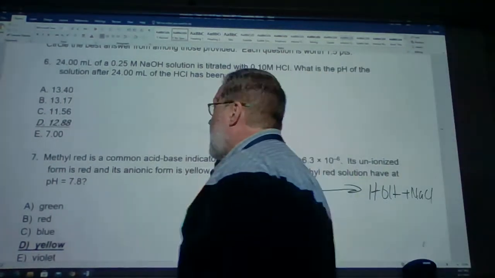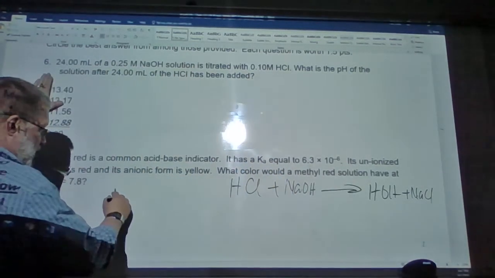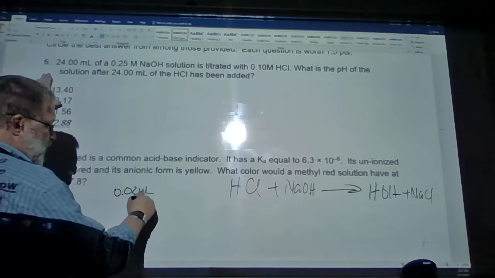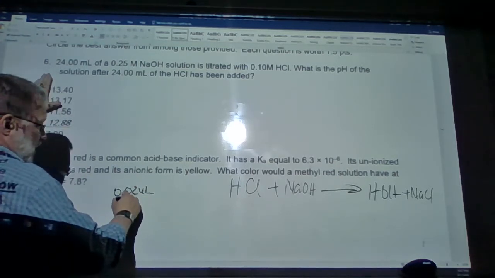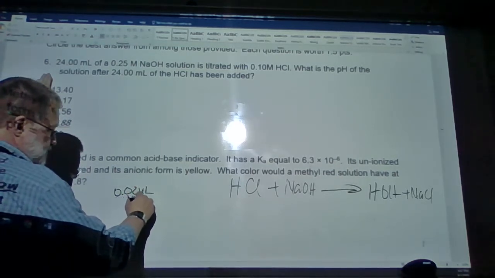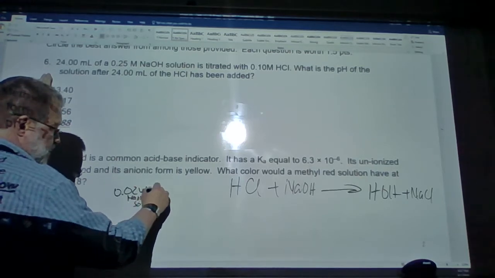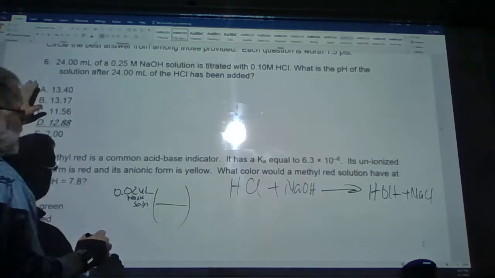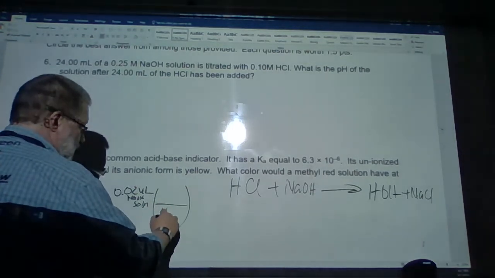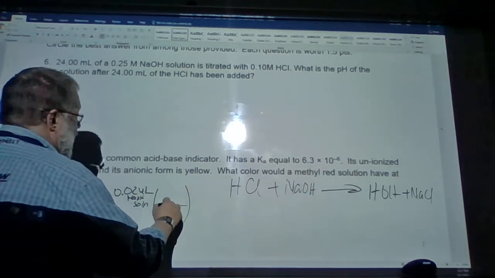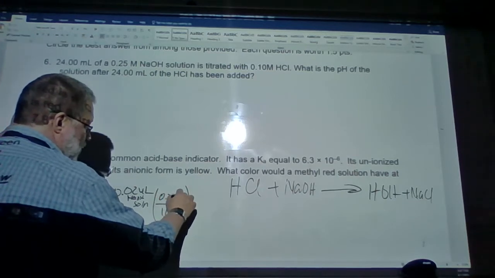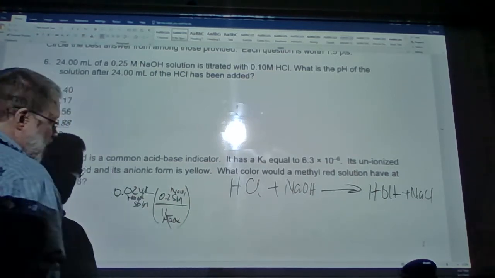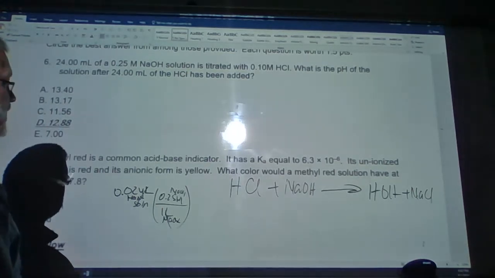So we have 0.024 liters of your NaOH solution. This is, let me see, 1 liter NaOH and 0.25 molar NaOH. Liters cancel, so it's 0.024 times 0.25.